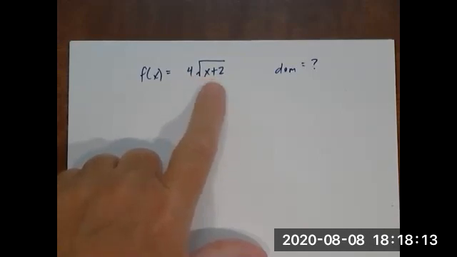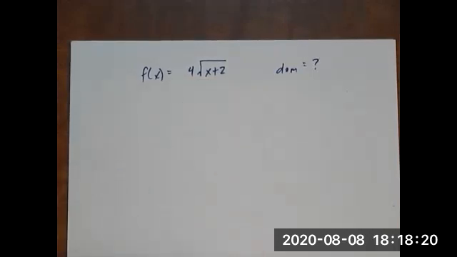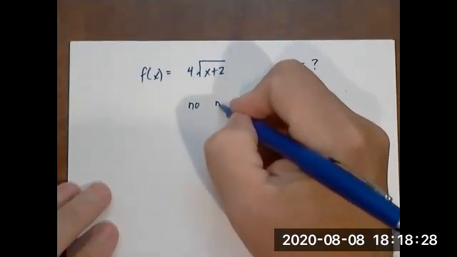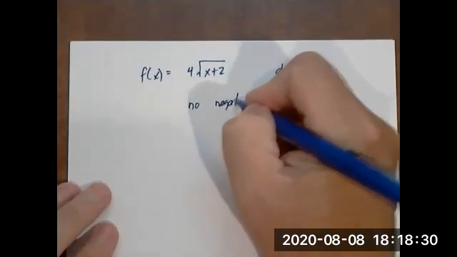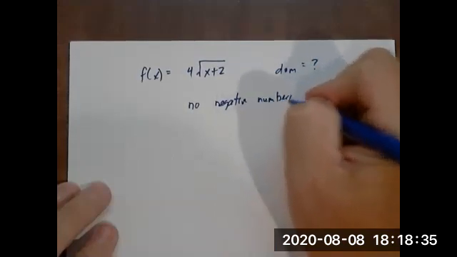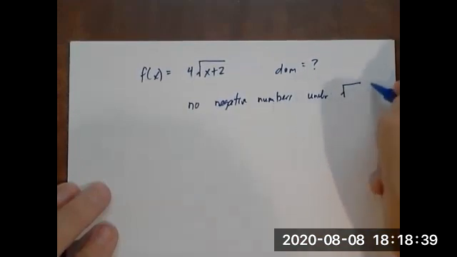Now here's how I do the problems where you have a variable under the square root. Once again, what's the whole key? What's the problem we can encounter when we have square roots? I'll write it again. No negative numbers under the square root sign.